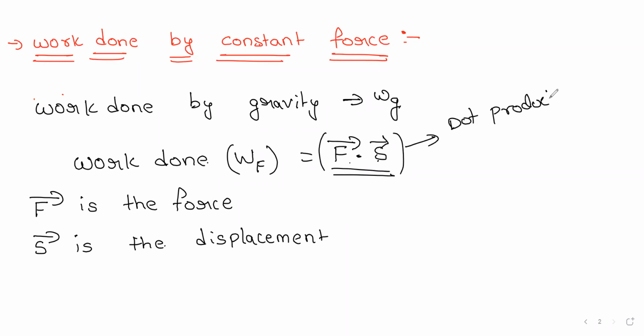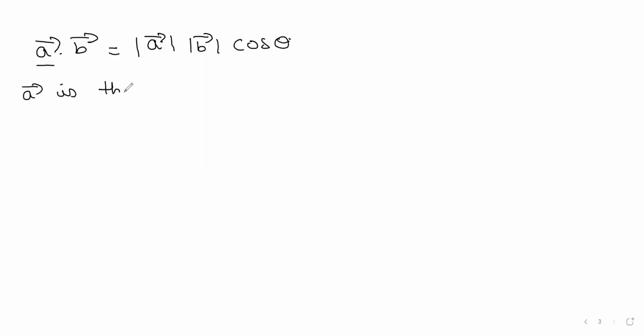So what is A dot B? AB cos theta. Yeah, nice. Mod A mod B cos theta. Okay. So A is the vector, while what is mod A? Magnitude of A vector.